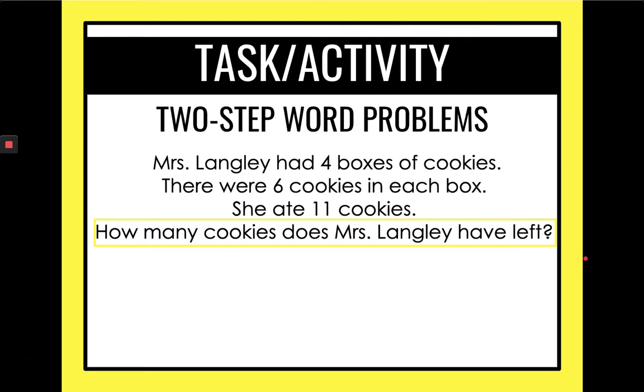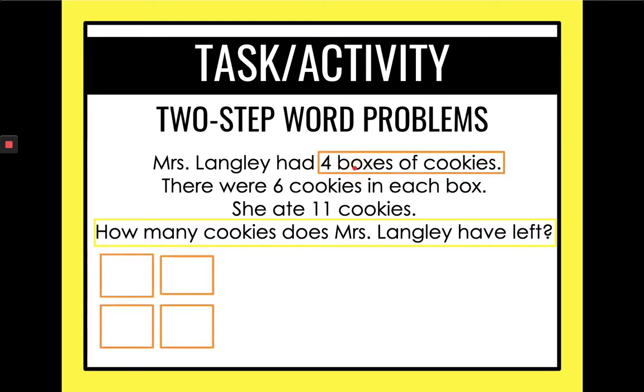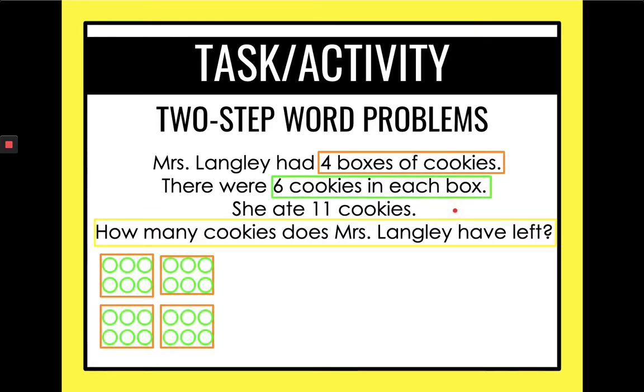Okay, well, in order to know how many cookies I have left, I have to know how many I started with. Well, I had how many boxes of cookies? 4 boxes. So I'm going to draw my 4 boxes out. And then I need to know how many cookies were in each box. There were 6 cookies in each box. So I'm going to put my 6 cookies in each box.